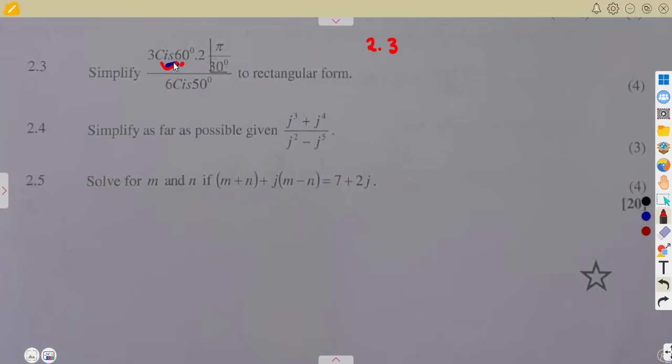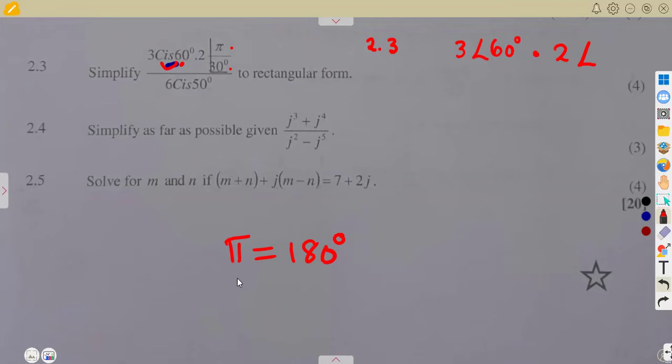Remember, the cis is just the angle, just like what we're given, this angle here. So it's just like 3 angle of 60 degrees times 2. The angle that we are given is pi over 30. Remember, pi is in radians, but in degrees, it is 180 degrees.